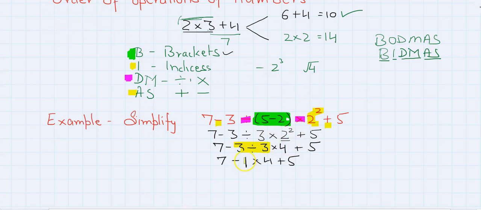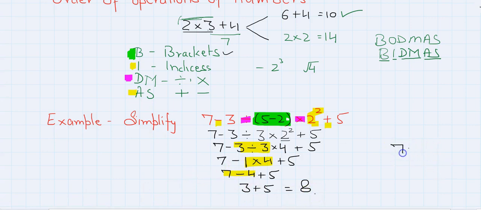Now we are having multiplication, 1 multiply 4, so that is 7 minus 4 plus 5. Now the last we have subtraction. 7 minus 4 is 3 plus 5. So that will be 8.